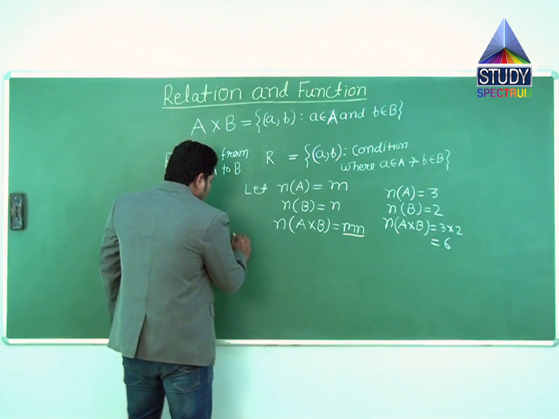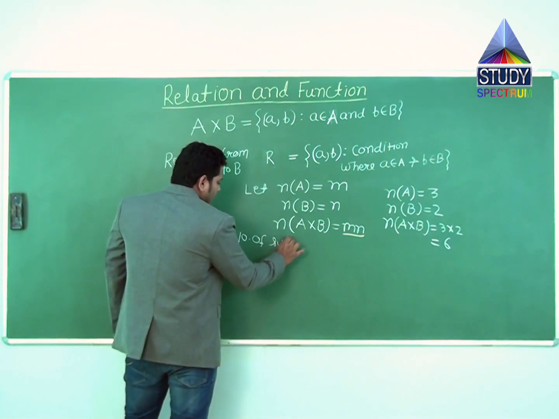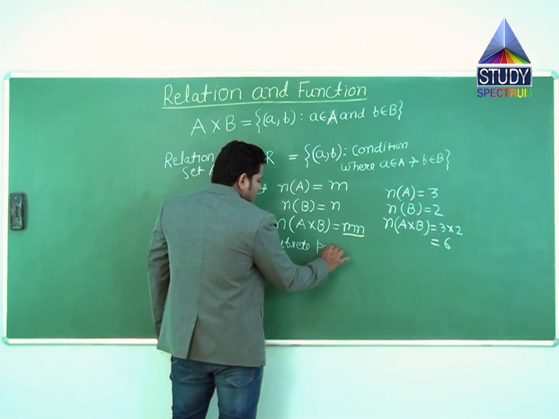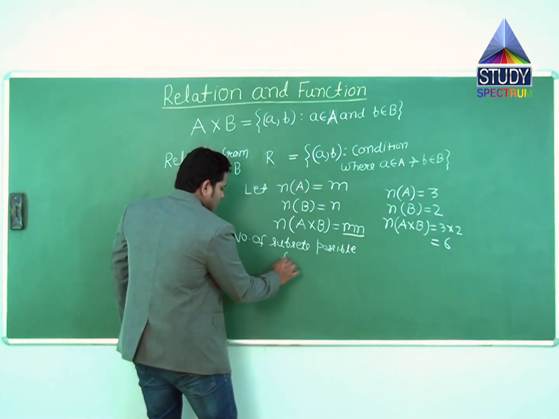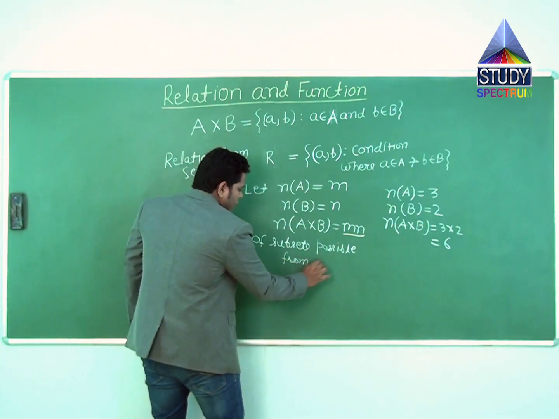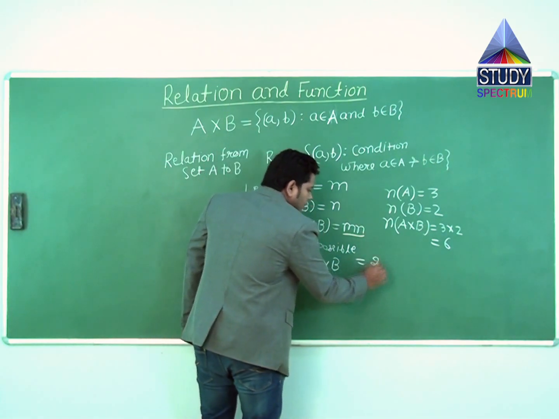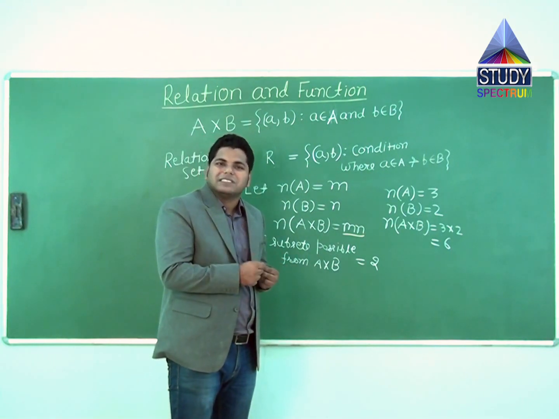So we can write, the number of subsets possible from A cross B is 2 to the power n, where n is the number of elements in a particular set.